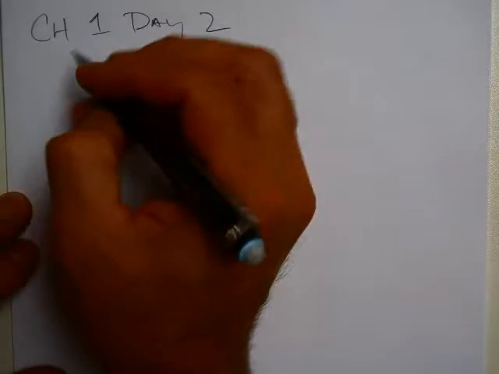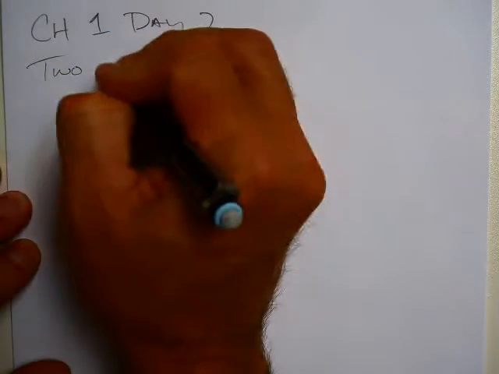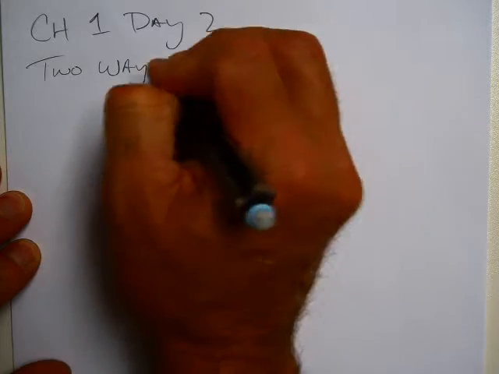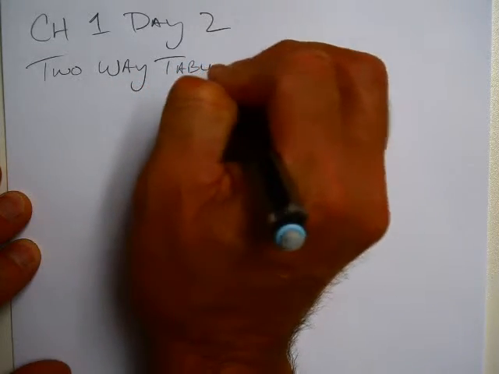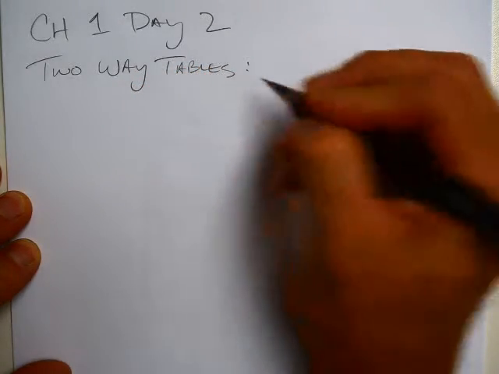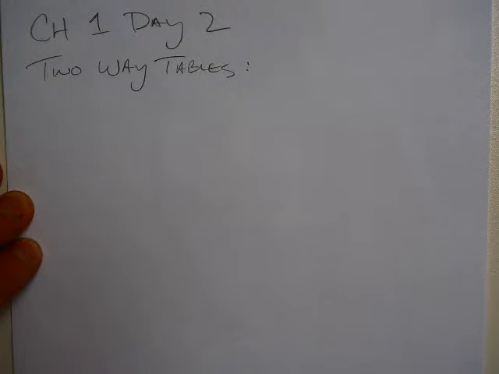All right, two-way tables. I'd almost guarantee you've seen these before in some ISAT-like test question or something like that.